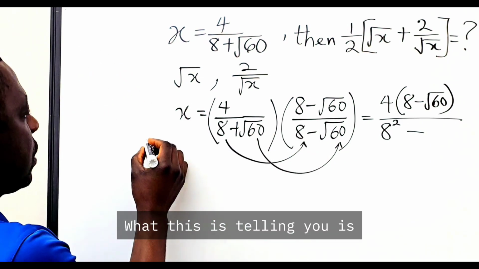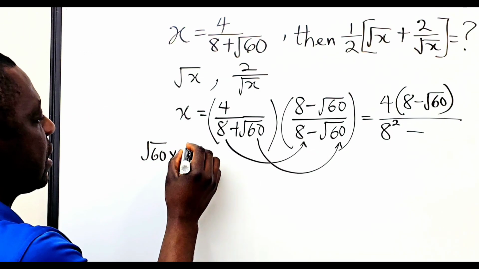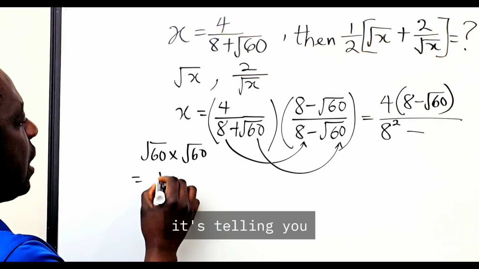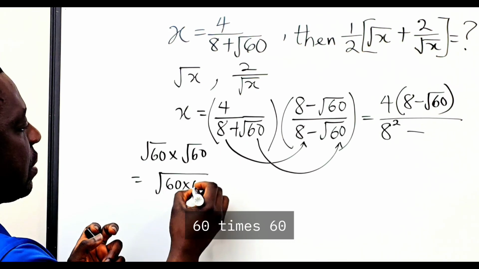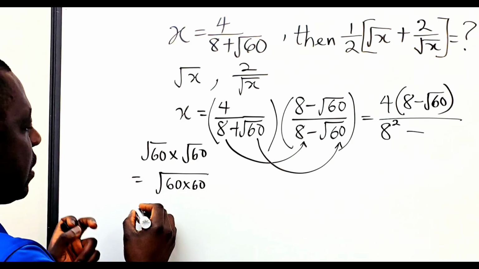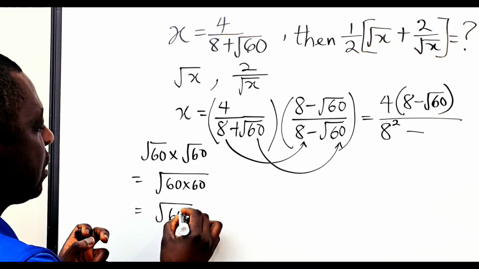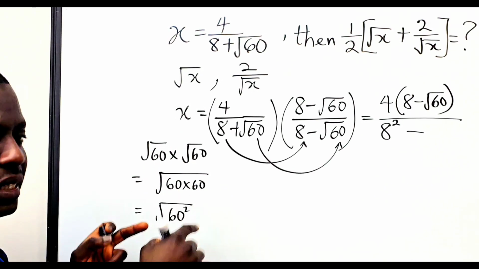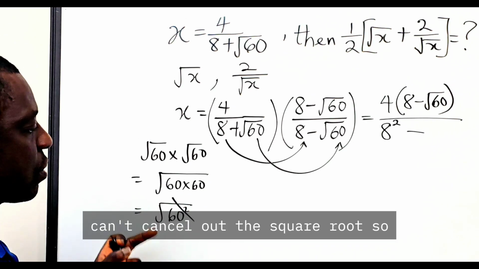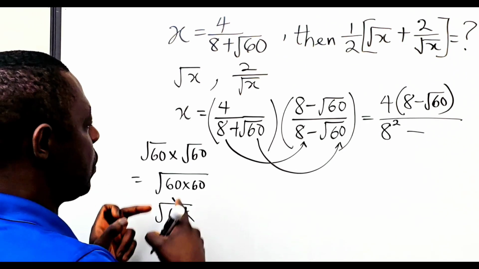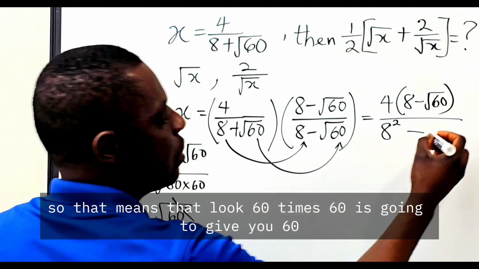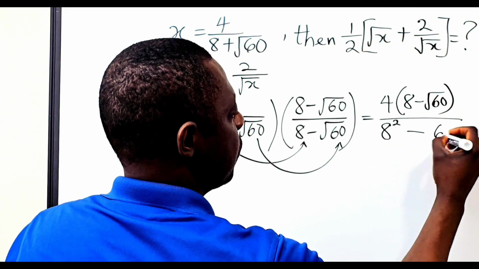What this is telling you is that if you have root 60 times root 60, you have the chance of bringing these 60 together, the root of 60 times 60. And that means you have the square root of 60 squared, and the square can cancel out the square root. So that means you're going to have 60. So root 60 times root 60 is going to give you 60.